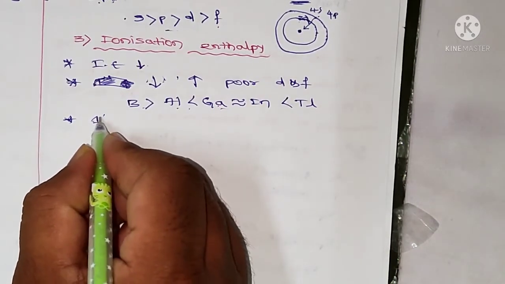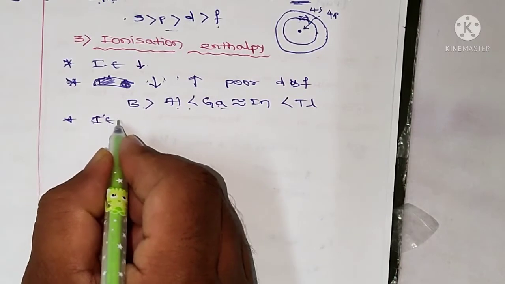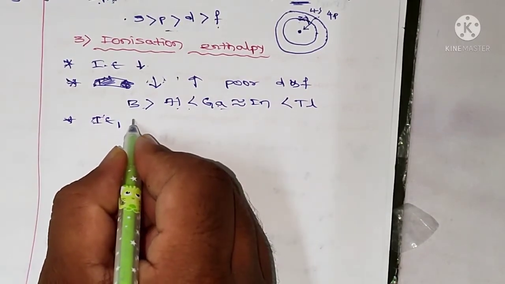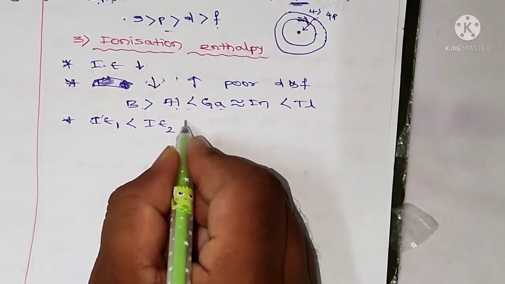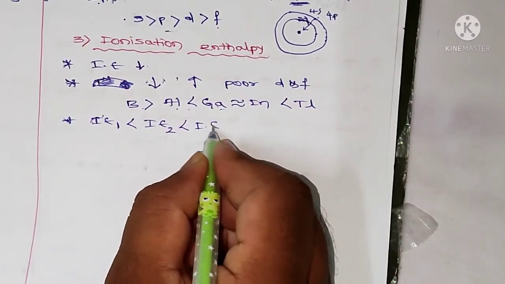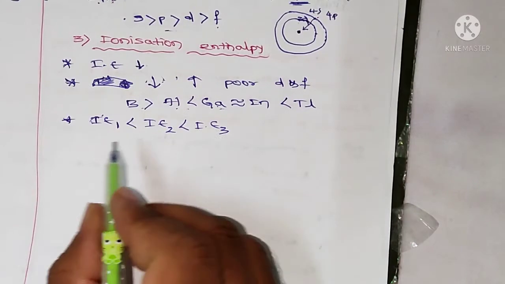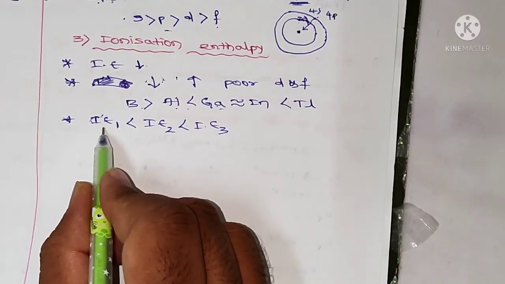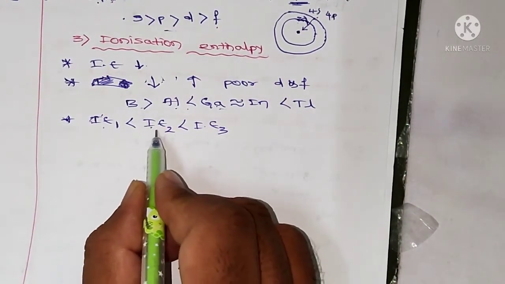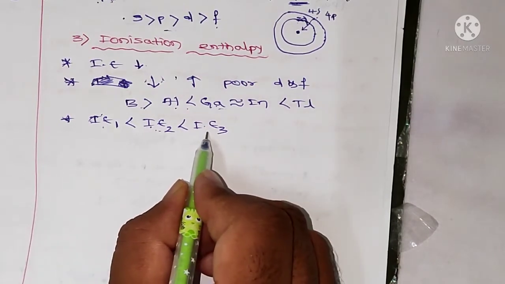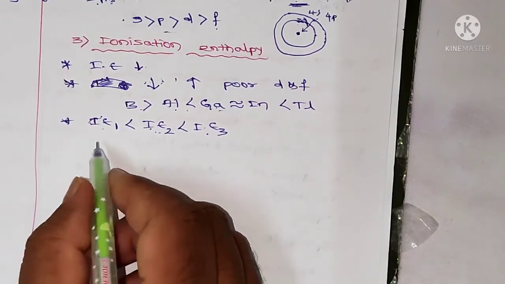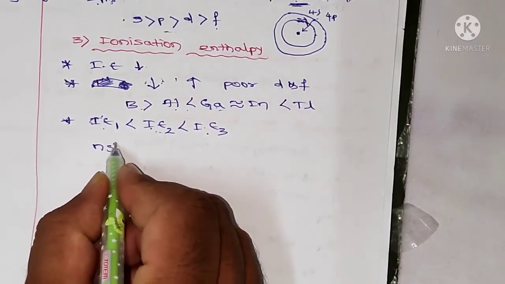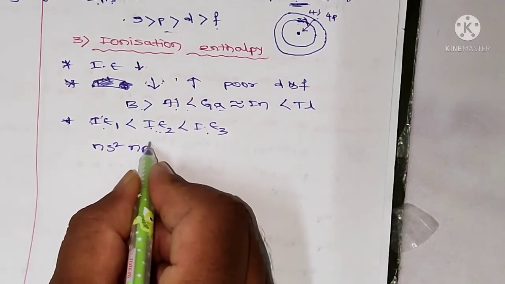So IE1 is less than IE2 is less than IE3. The general outermost electronic configuration is ns2 np1.